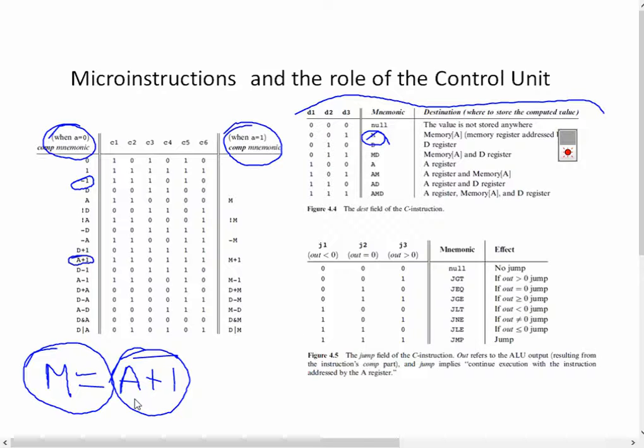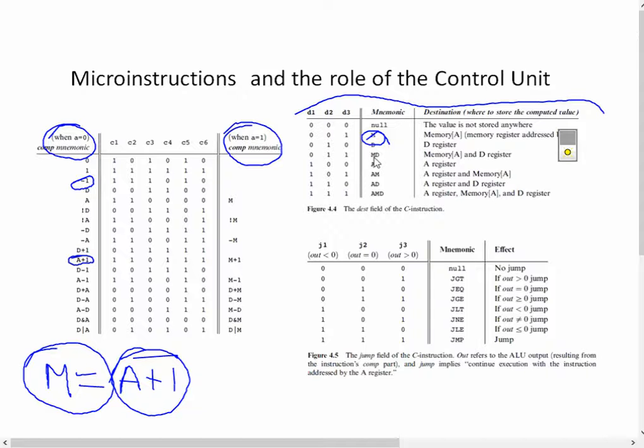So if I wanted to add 1 to the A register and then store it in M, right? First of all, I know my A bit is going to be equal to 0. My C bits are going to have the value of 1, 1, 0, 1, 1, 1, and my destination bits are going to be 0, 0, 1 because it's specifying M as a destination. Now you notice in some cases this is MD.